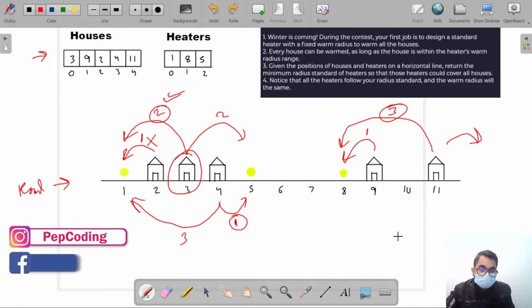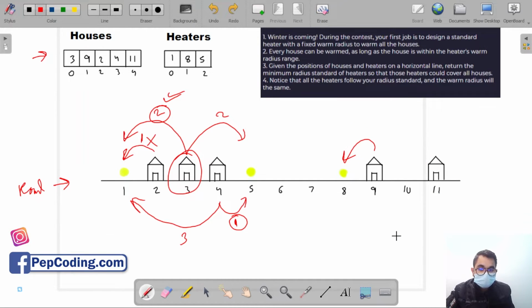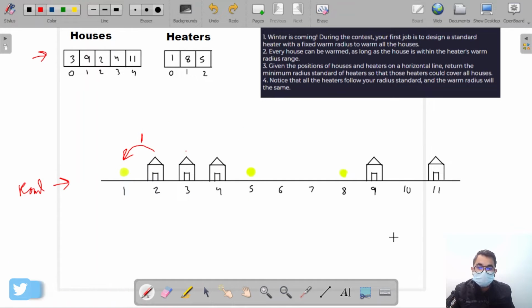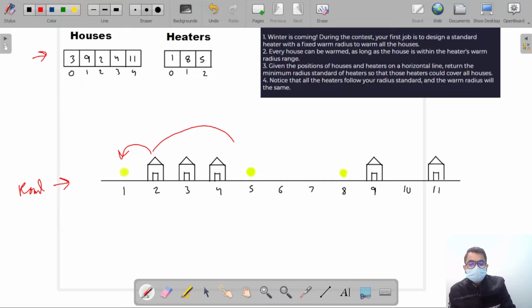Okay, so let's try to form an approach so that we can solve this question. All right, so have you seen something similar right now? What we were trying to do is find the minimum distance of a heater from the house, the minimum from the left side and the right side.